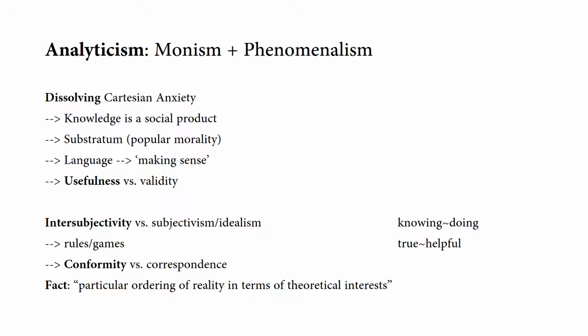So in analyticism, we're in the realm of monism and phenomenalism, and this is the first monist methodology that Jackson outlines, and the bulk of the chapter is dedicated to fleshing out what monism could look like. One of the major problems of showcasing monism is the dominance of dualism that Jackson characterized at length in the previous two chapters.